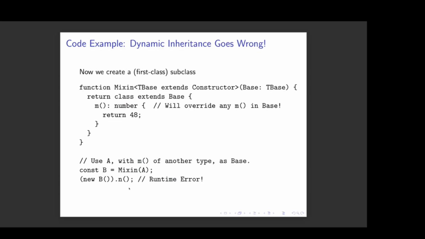So now we are going to try to create a subclass using dynamic inheritance. So we are going to write a function mixin that is similar to the function mixin that we wrote previously. Okay, so where we are parameterizing the mixin by the superclass, and we are saying that we have a certain expected type for the superclass.